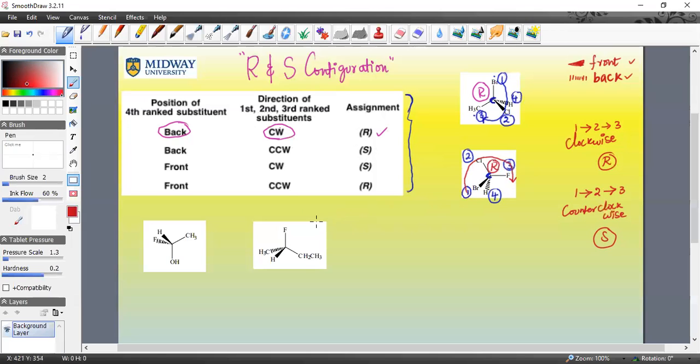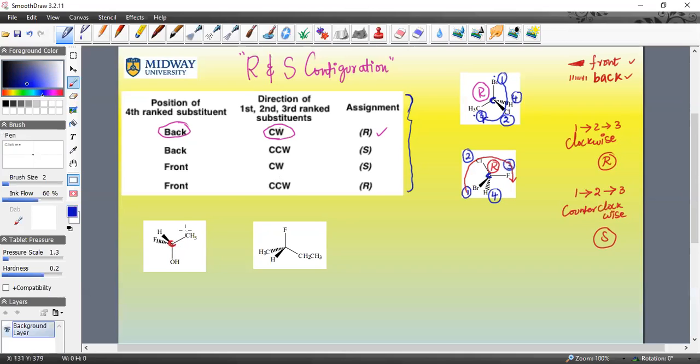Okay, let's go to this one. Again, you first look at the atomic number of the elements. Okay, this is the carbon right here, and it's attached to oxygen, and the oxygen is attached to hydrogen, but that's not what we were first focusing on. We are first focusing on what are the elements that are directly attached to the carbon.